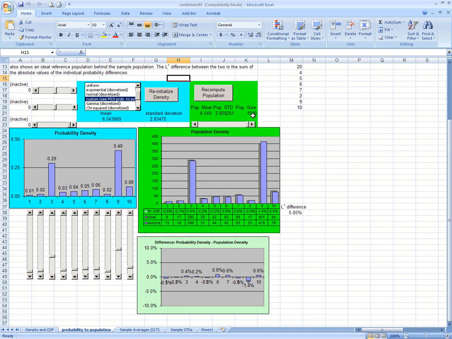So if I sample a population of 1,000 individuals according to this probability density, then I'm going to get a lot of individuals around 3, a lot of individuals around 9, and then accordingly fewer individuals around the other sizes. And basically the blue, I think, is the probability. It would be the perfect population that would be exactly 40% around 9 and exactly 29% around 3. And the gray one is the ideal one.